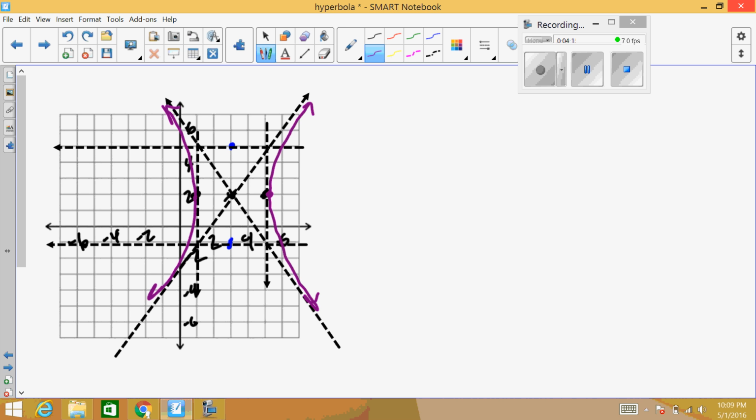Now, going back here, we may be asked sometimes to find the asymptotes. Now, my favorite, I'm just going to keep it simple. My favorite is just to go ahead and use the graph to find those 2. So let's see, I look at this one, and it looks like I go up 1, 2, 3, 4, 5, 6. Hey, that's 2 times whatever in this case my b value was.